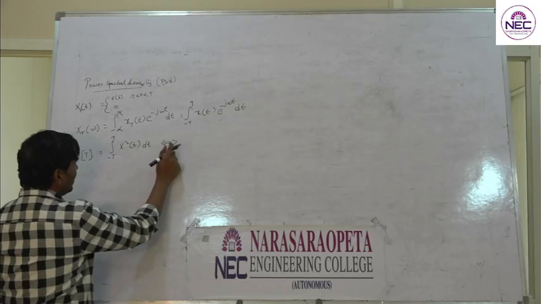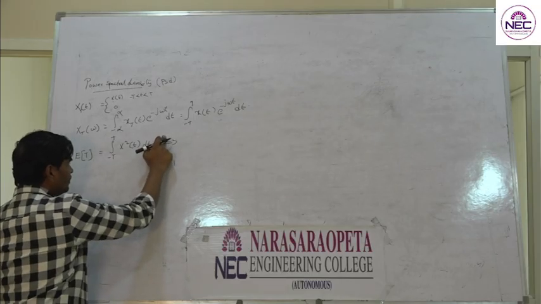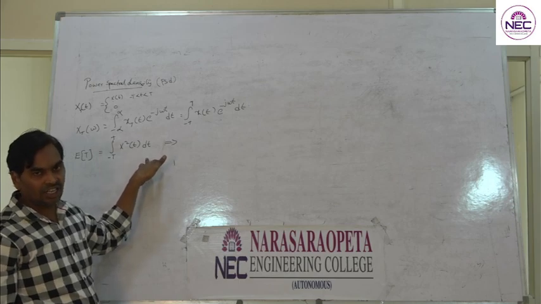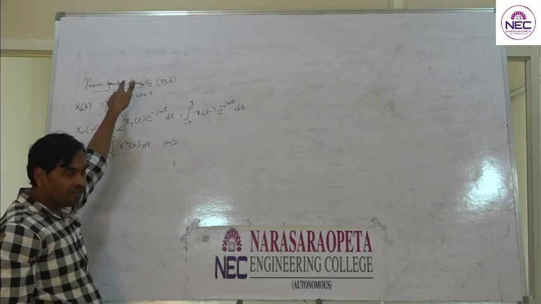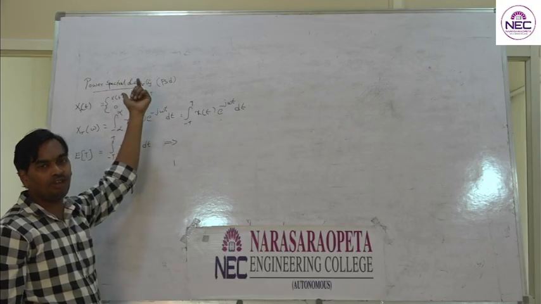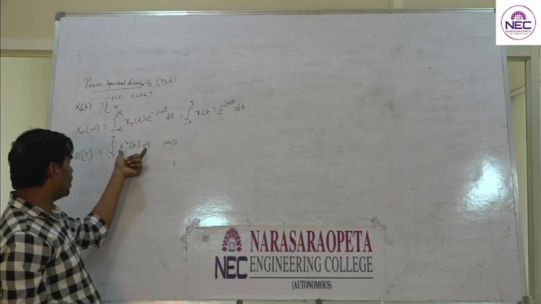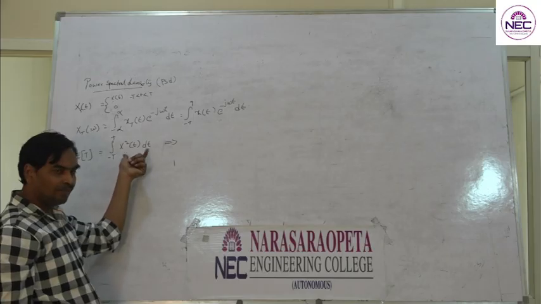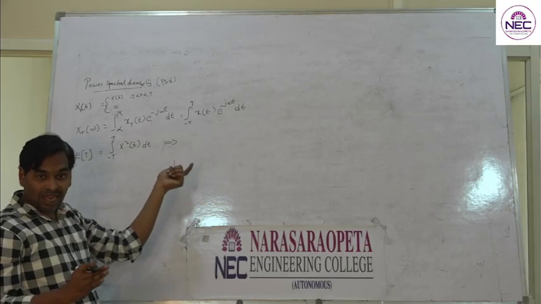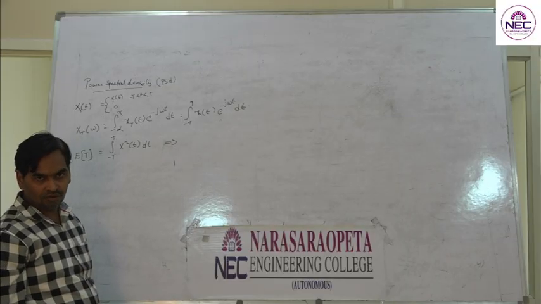This energy signal is in the time domain, but the power spectral density should always be in the frequency domain. So now I need to convert this time domain into the frequency domain, and here I cannot directly use the Fourier transformation technique.